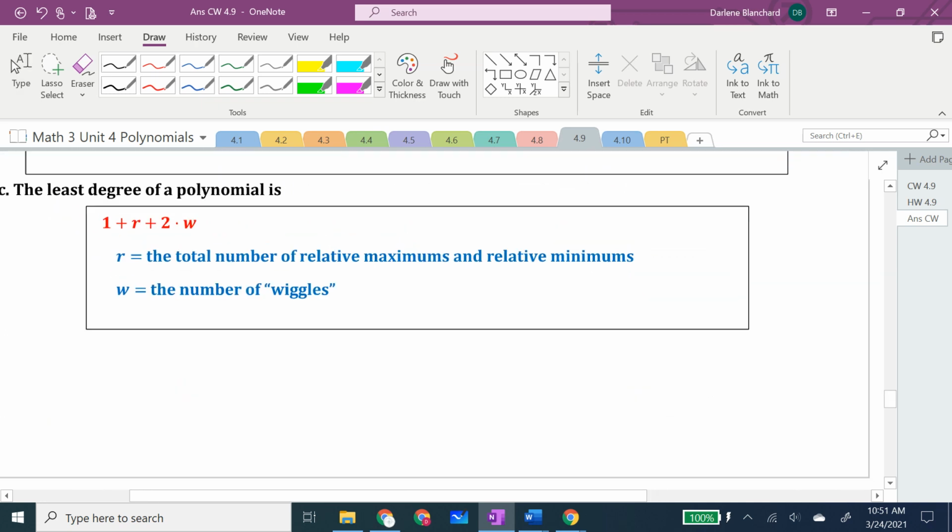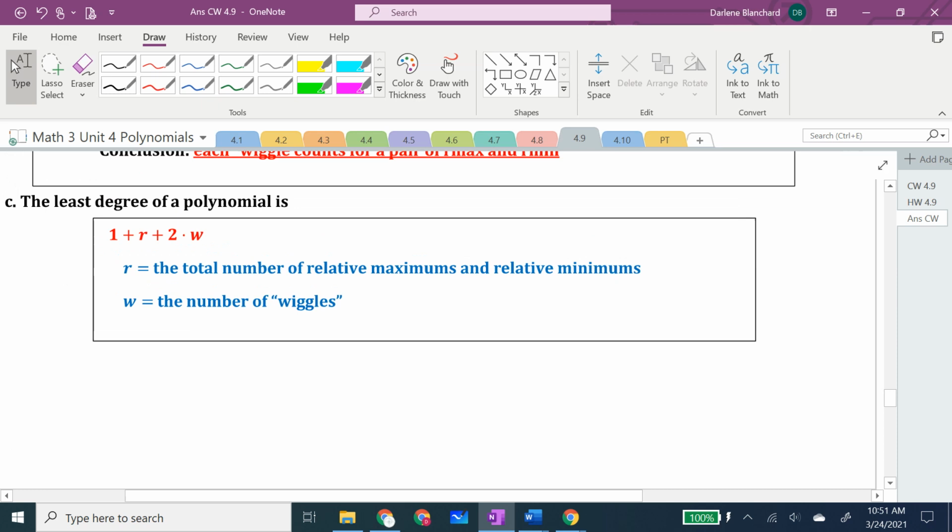And I'm going to go back to the formula. I put W as number of wiggles, but it's not a mathematical definition, but it's a description of something trying to create that minimum maximum. So to find the minimum degree, what you're doing is you're counting the number of minimums, maximums, and pretending that a wiggle was an attempt to create another minimum maximum pair, but it failed.